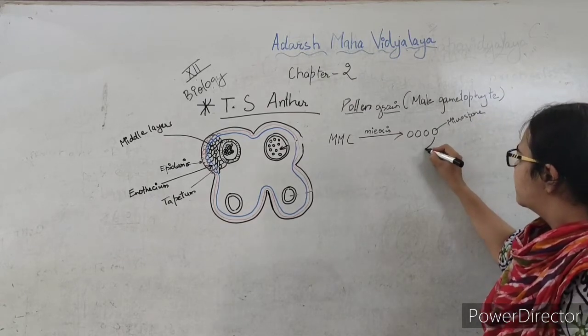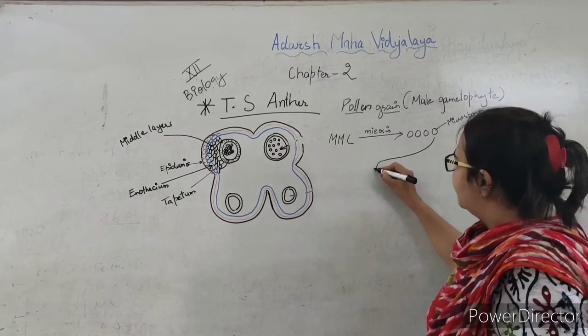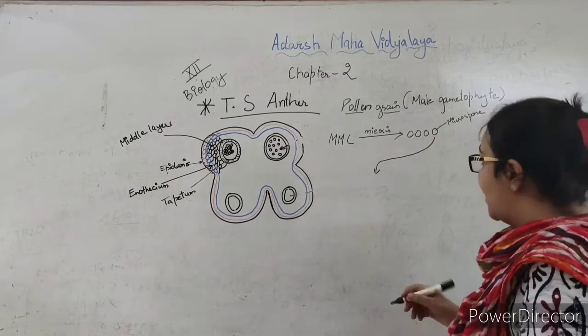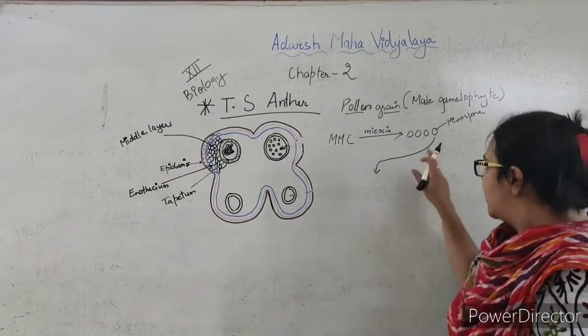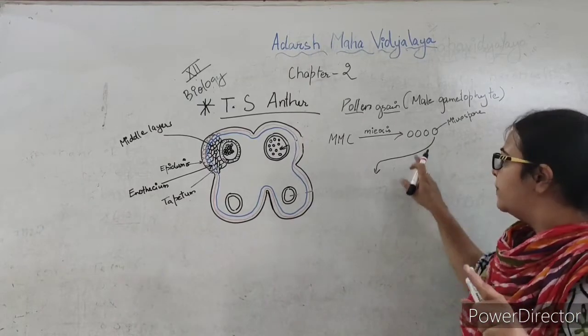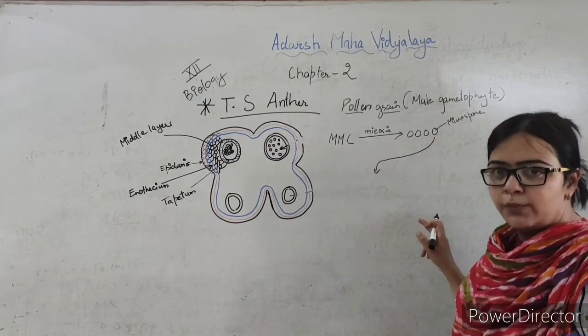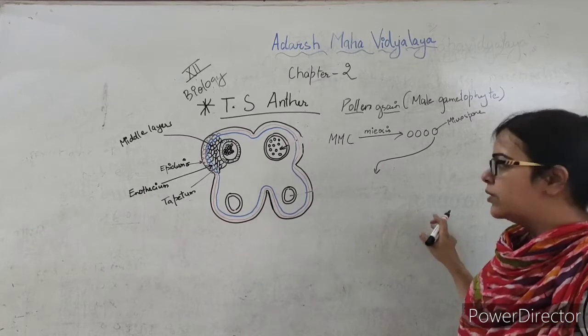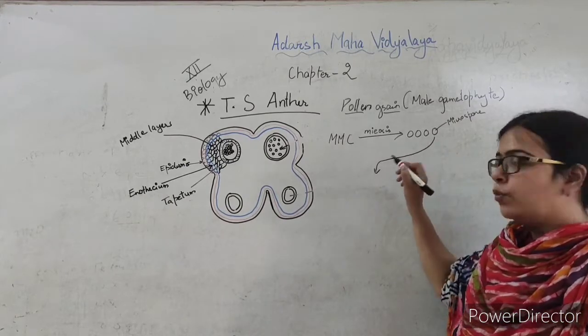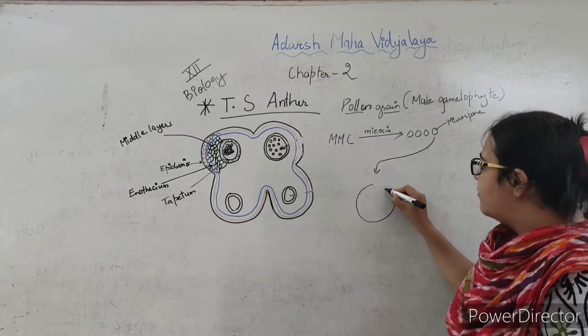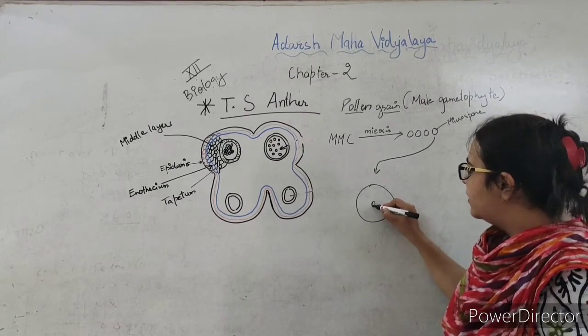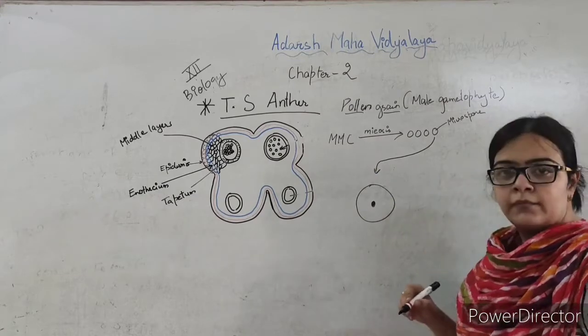Now this microspore, after the separation from the tetrad, we are taking only one microspore. Every microspore is a potential pollen, or it will develop into a potential pollen, but we are taking only one microspore. So this microspore will have its own nucleus and a plasma membrane.